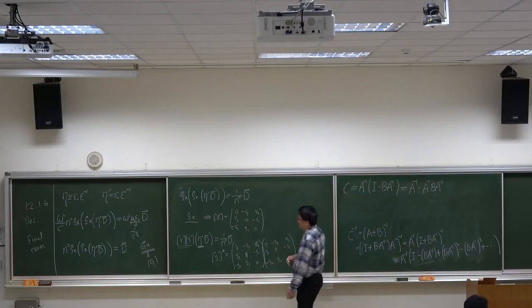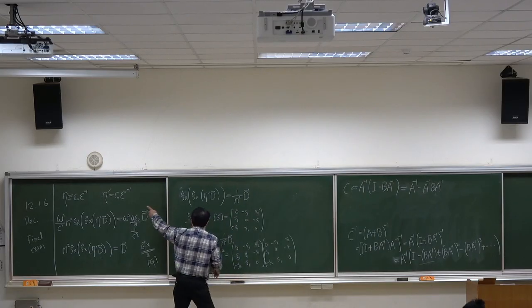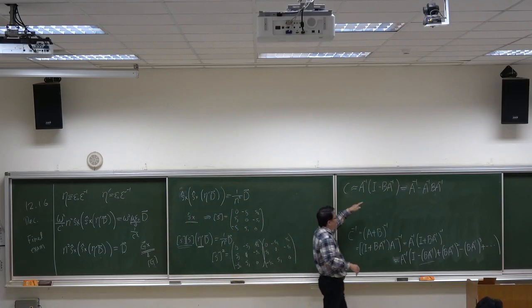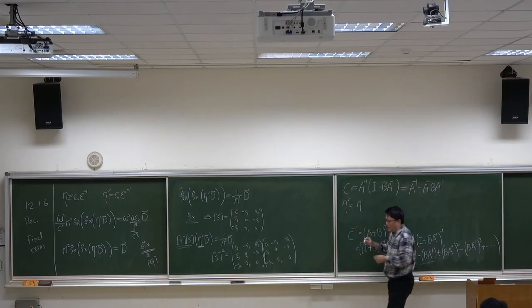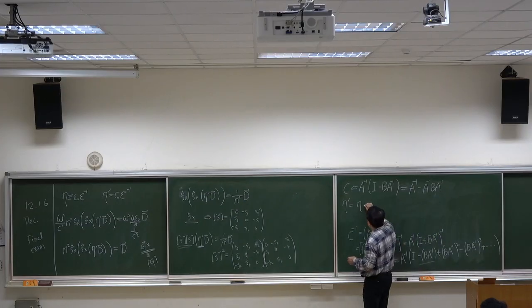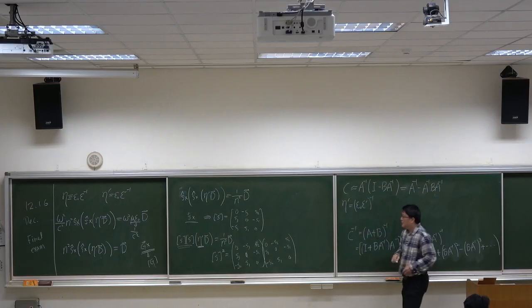So if we apply this formula to our eta prime, remember eta prime is epsilon 0 times epsilon prime inverse.